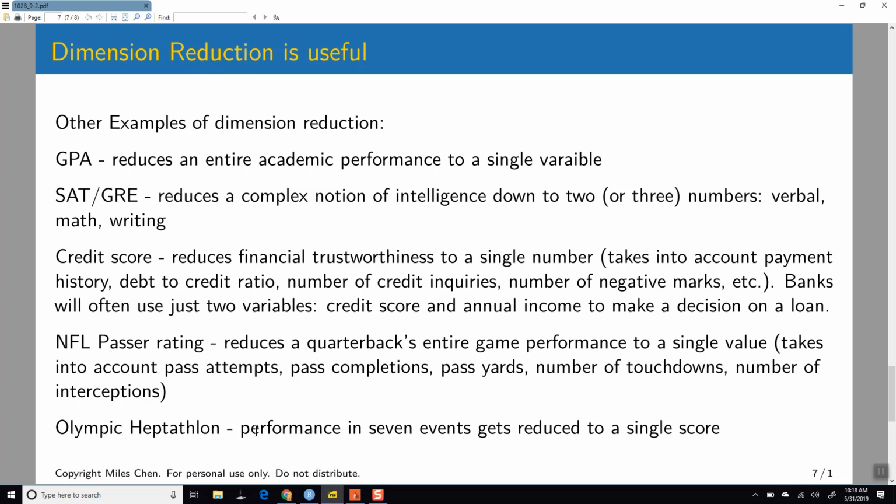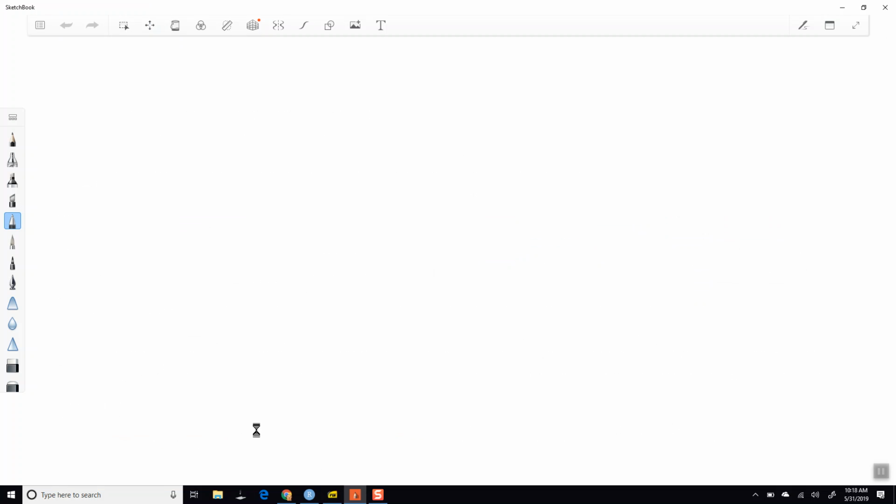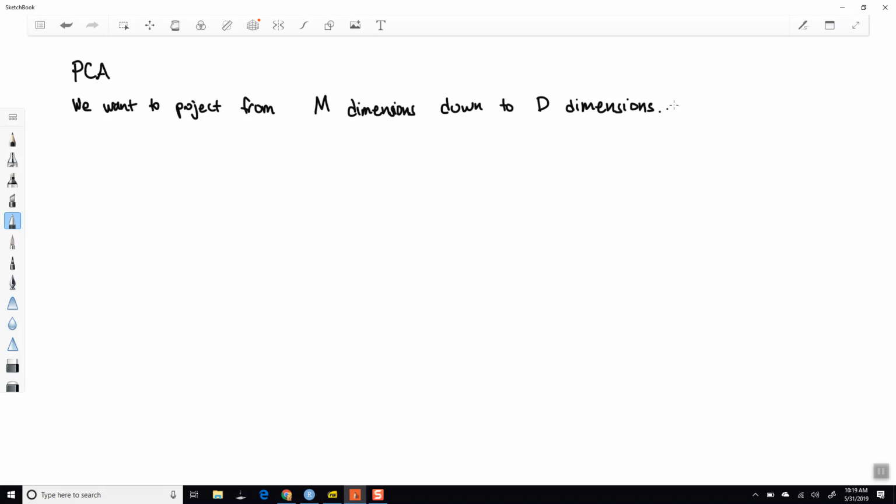I've written out all of that stuff, and now, for PCA, what we want to do is project from m dimensions down to d dimensions, with d being a number lower than m, so d is less than m.